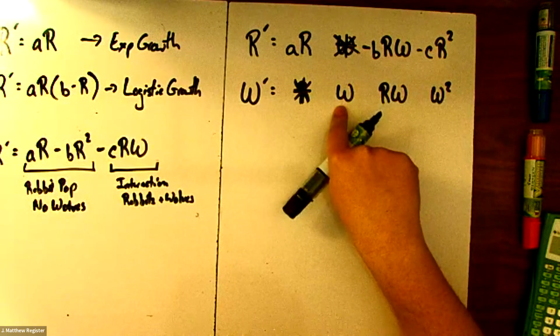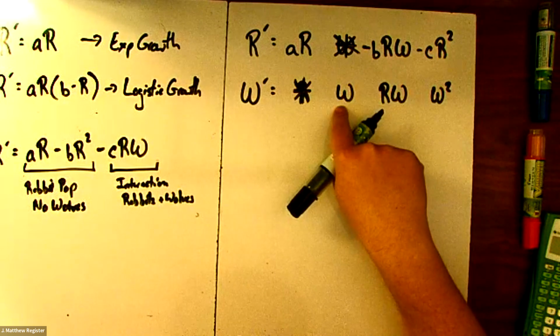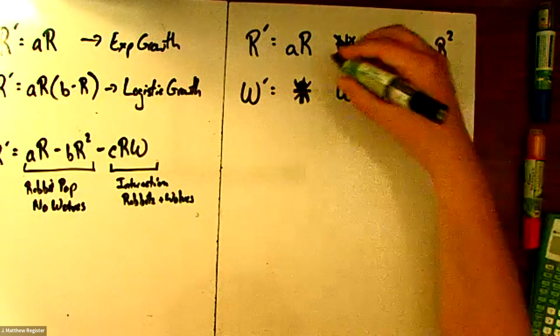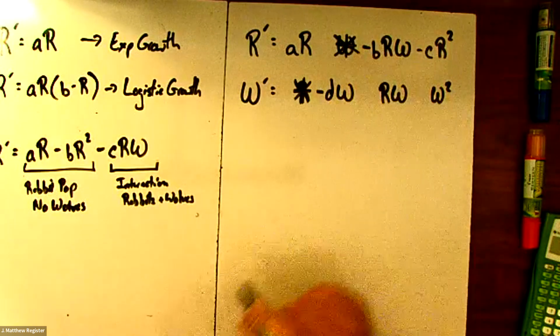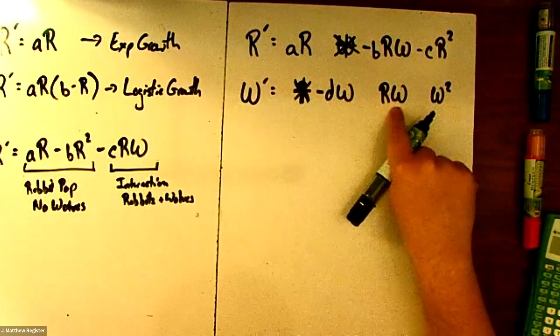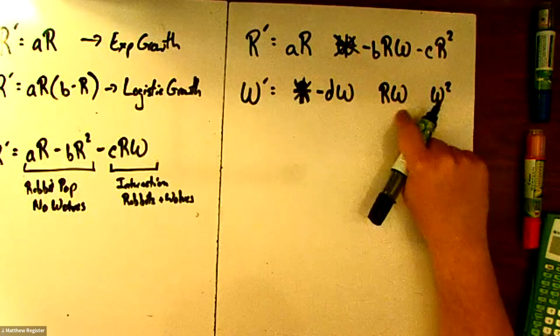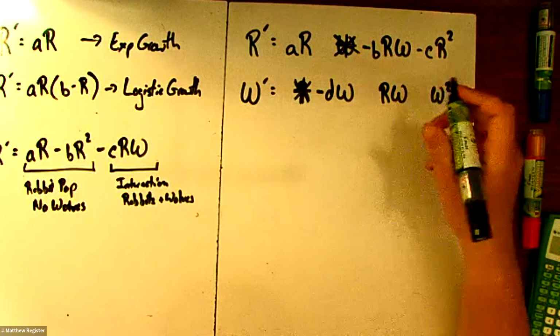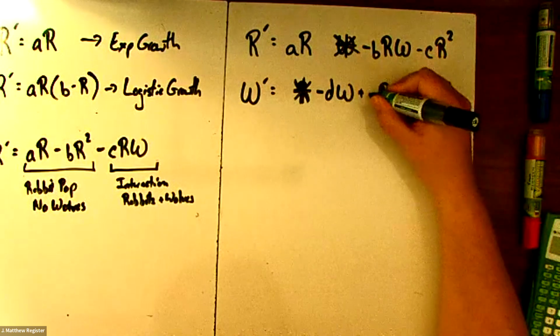In that case, the wolf population is going to decrease because there is no food for them. This RW term is saying what happens to the wolf population when rabbits and wolves interact with one another. And that has a very positive effect on the wolf population.